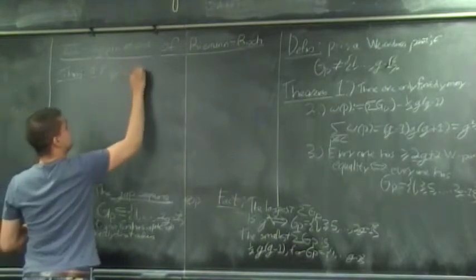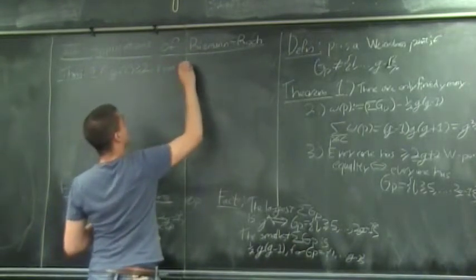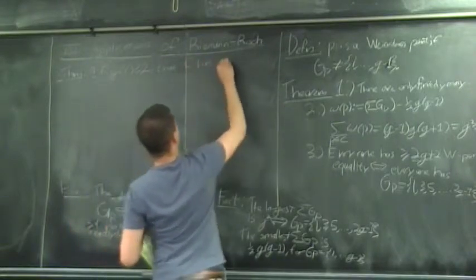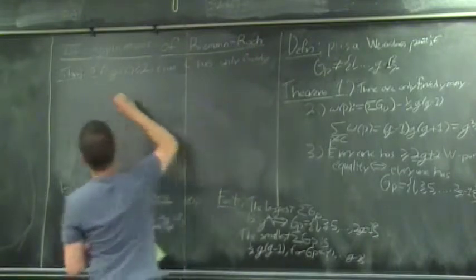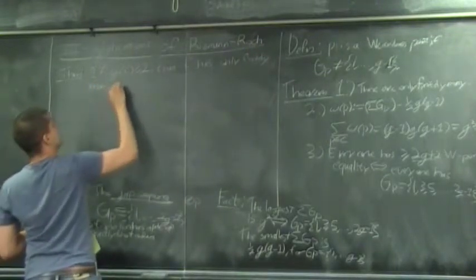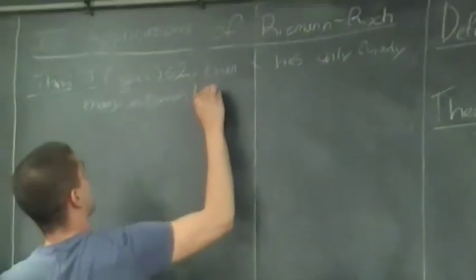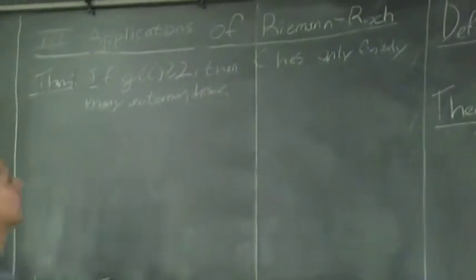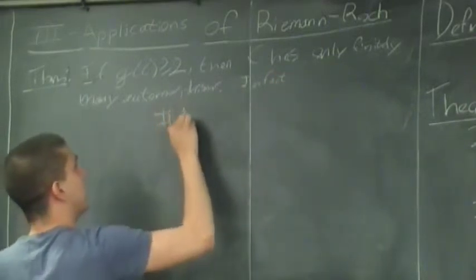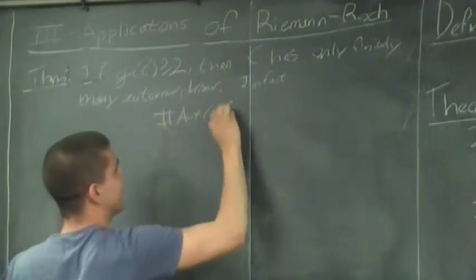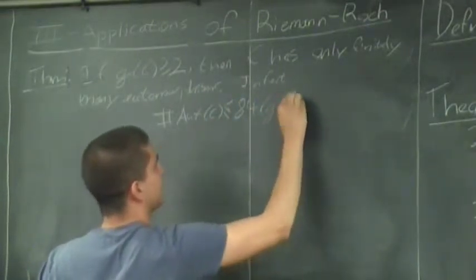If the genus of C is bigger than 2, then C has only finitely many automorphisms. In fact, if you're interested, the number of automorphisms is less than or equal to 84 times (g minus 1).